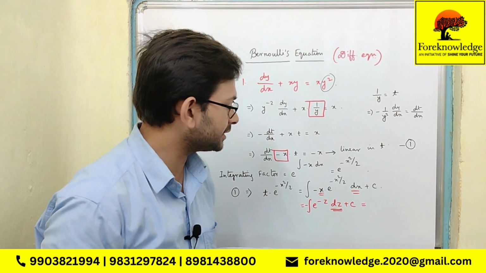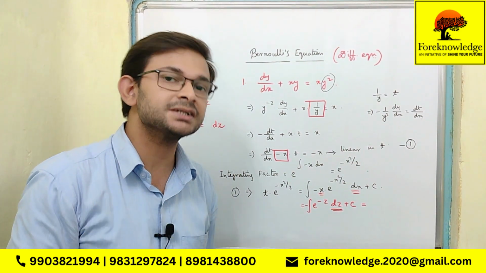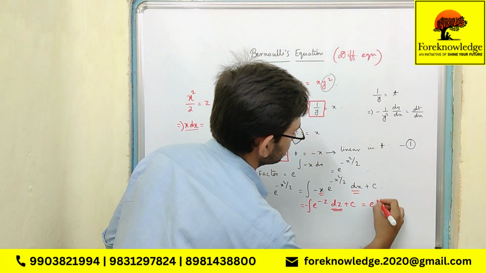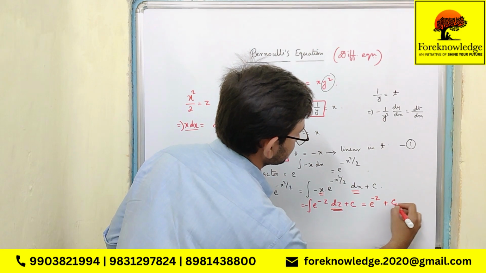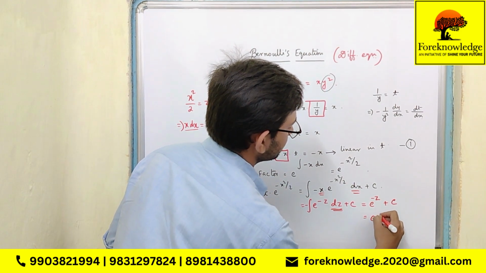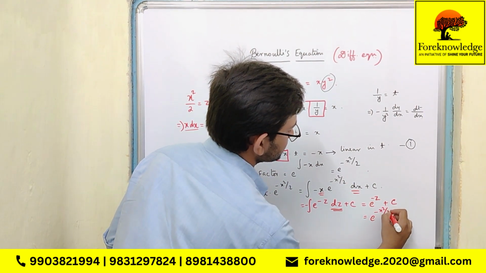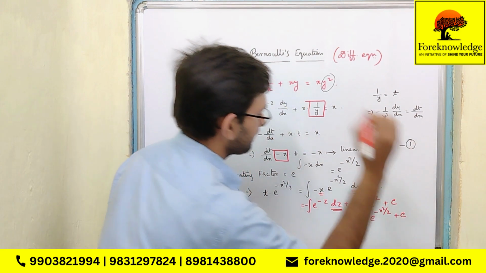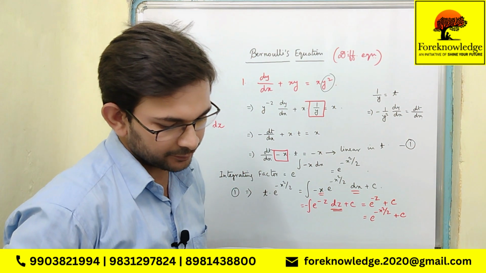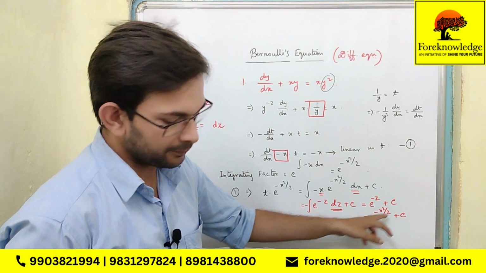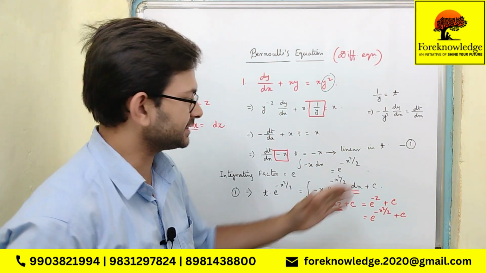Now the integration of e to the power minus z is minus e to the power minus z, so this becomes e to the power minus z plus c, which is nothing but e to the power minus x square by 2 plus c. Okay, so t e to the power minus x square by 2 equal to e to the power minus x square by 2 plus c.